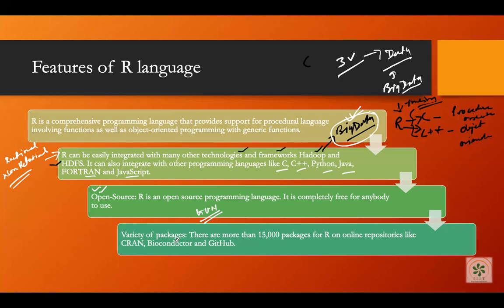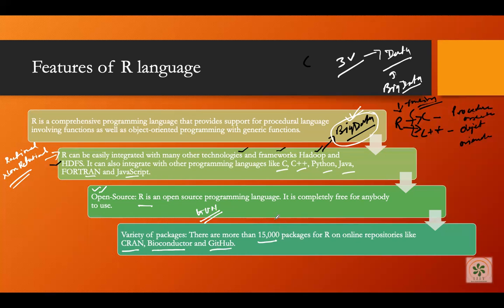Variety of packages. Now, even though R is open source, it doesn't mean that R doesn't have an updated version or updated packages. R has a very rich package collection available. You can see around 15,000 different packages available online, in its own CRAN repository, or the Bioconductor repository or GitHub repository.